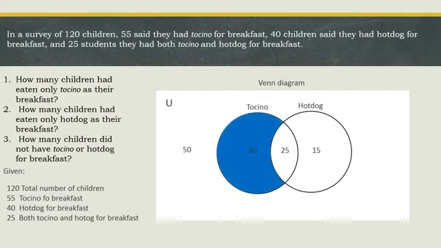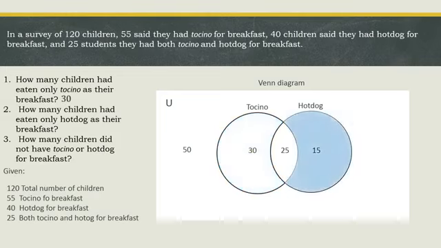Okay? So first is the question, how many children had eaten only tocino as their breakfast? So from this illustration, there are 30 children who only eat tocino. Next, how many children had eaten only hot dog? So that is 15. And last, how many children did not eat tocino or hot dog for breakfast?